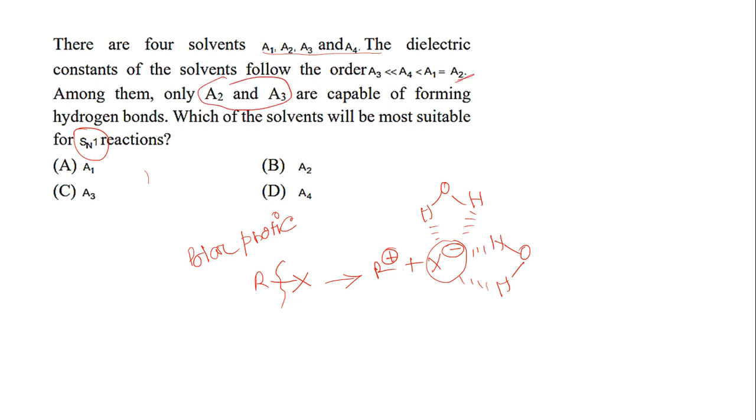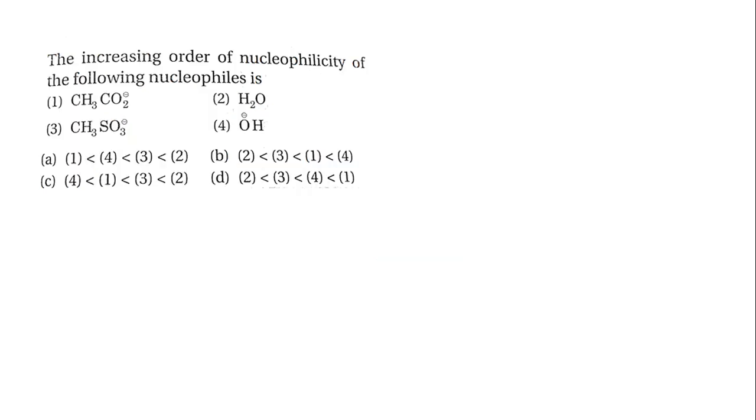It should be A2 because it is having a higher dielectric constant compared to A3, because the higher the dielectric constant, the better that solvent will be for SN1. So considering all these facts, B should be the correct option, that is solvent A2.